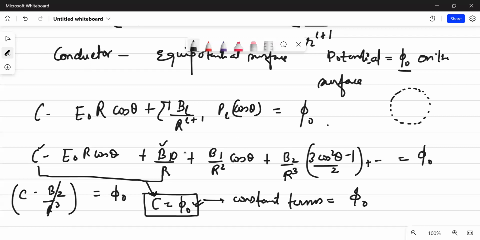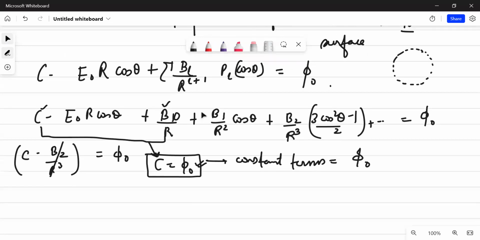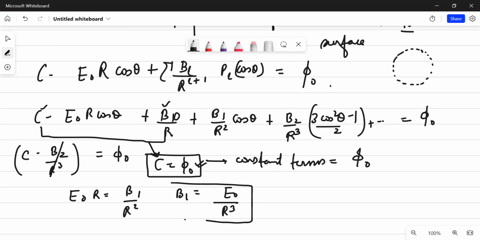Yes, sir. Okay. Now the next term, let's look carefully. The cos theta term is not there, so I will write that my E naught R would be equal to B1 upon R square. So I can write that my B1 would be equal to E naught upon R cube. This is what we were trying to find. B1 would be equal to E naught upon R cube.